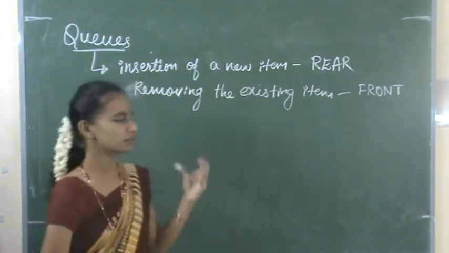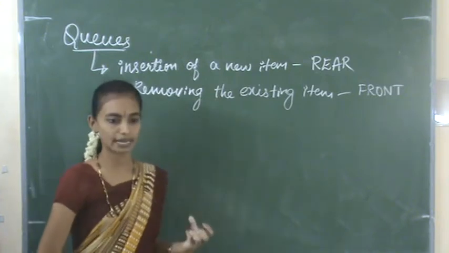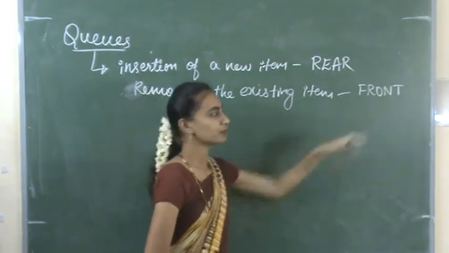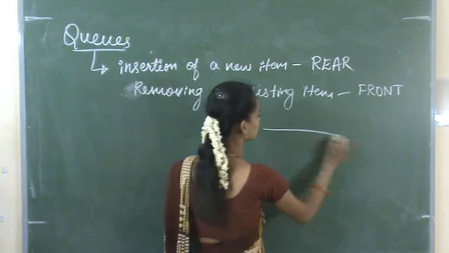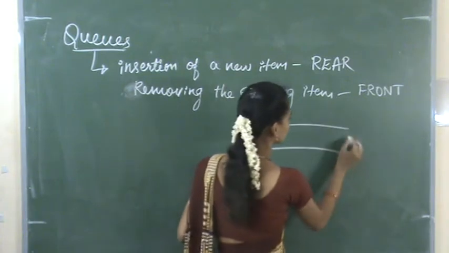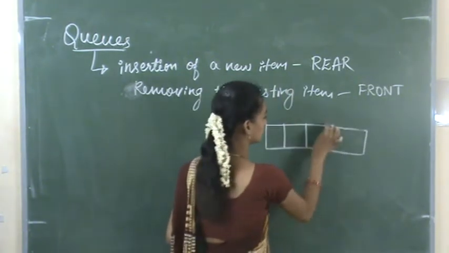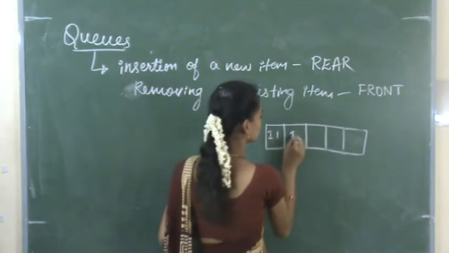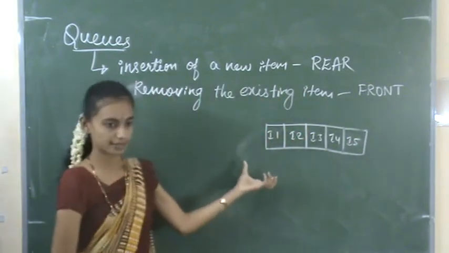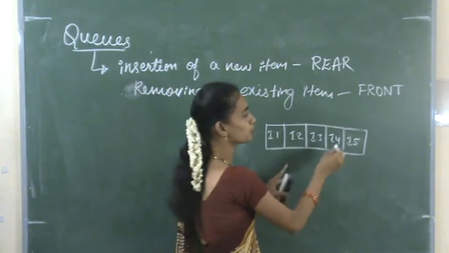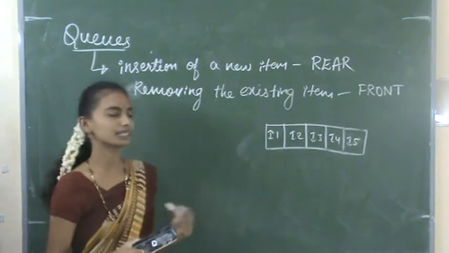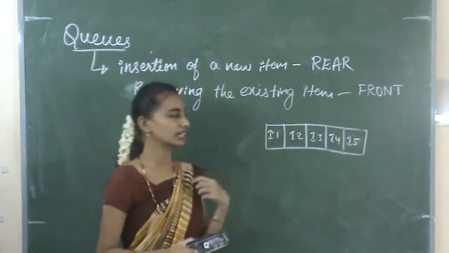So we are using two ends, which means this is performed at different ends: one is the rear end, another is the front end. Suppose consider this as a queue. In a queue, the element inserted first is given the priority.